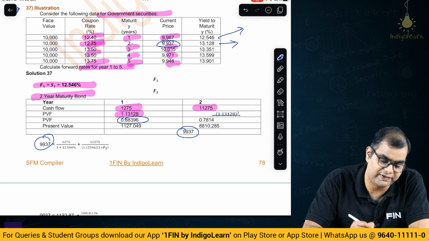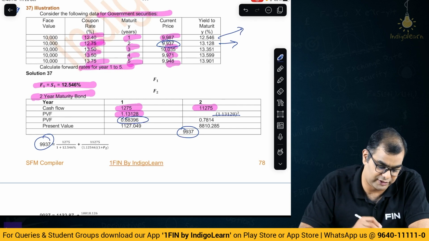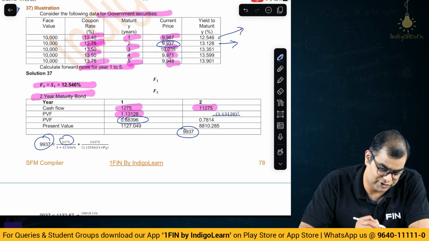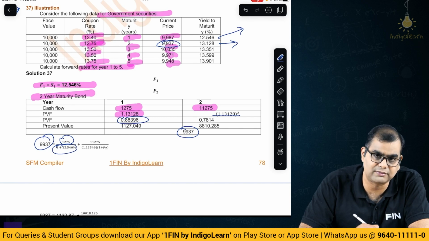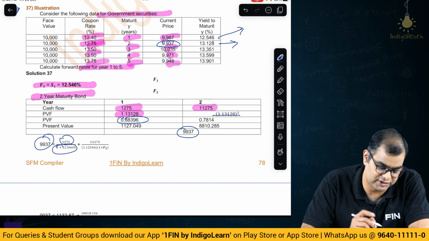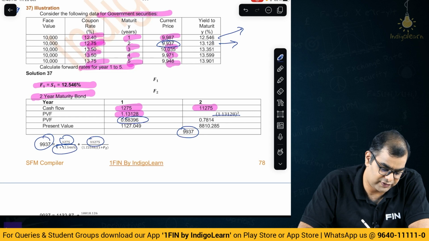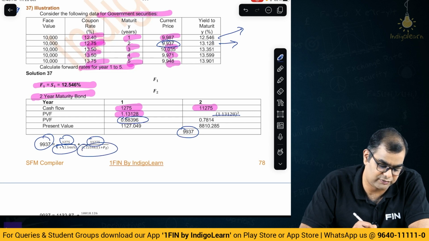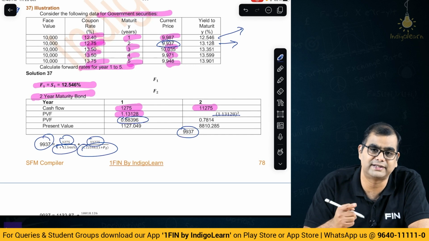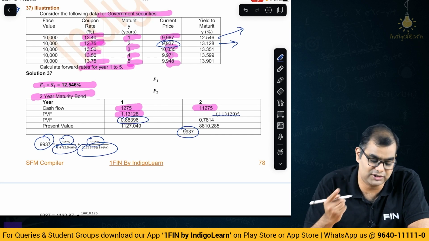One rate is 12.546 and some other rate which you have to find out. So 1275, which is the coupon, divided by 1.12546, which is the first year rate, plus 11275 divided by 1.12546 into the forward rate for the second year, that is the rate applicable from the end of the first year to the second year.